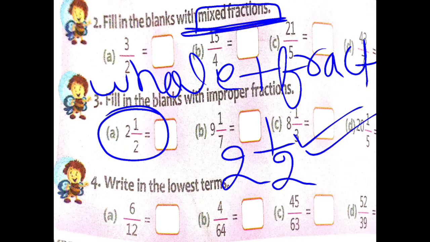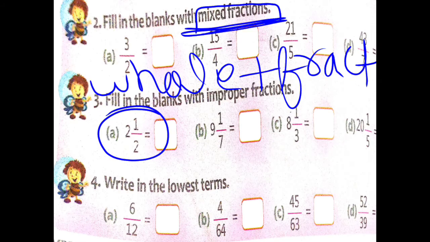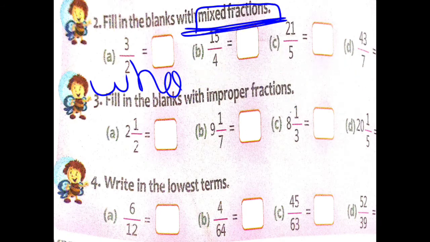So how can you solve the particular mixed fraction? That I will tell you. Just wait. To solve this particular fraction, what will we do? We will first multiply this with this and then add the resulting value in this.